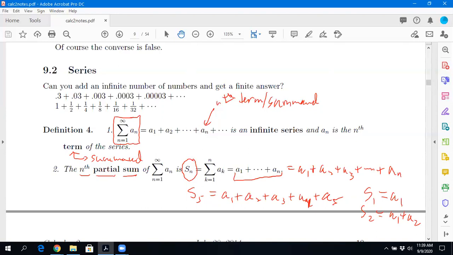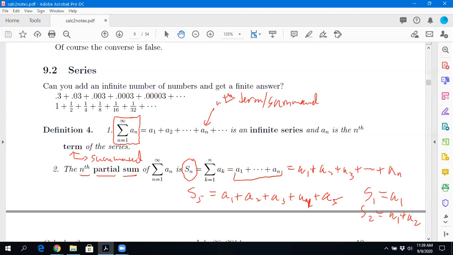Now let me ask you a question. All the s sub n's are is that you're just adding together the first n terms. Like s sub 37 trillion is saying add together the first 37 trillion terms. What do you think should happen if my infinite series is going to add to something finite?